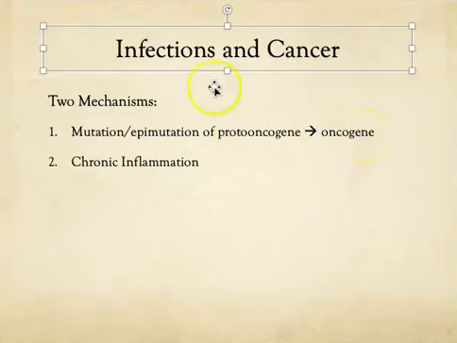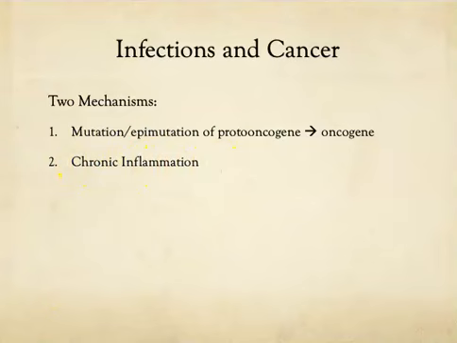Don't forget, though, there's another mechanism in our list of the things that cause cancer, and that's ongoing chronic inflammation. We know that sometimes infections are ongoing. They become chronic, and associated with infection is inflammation.